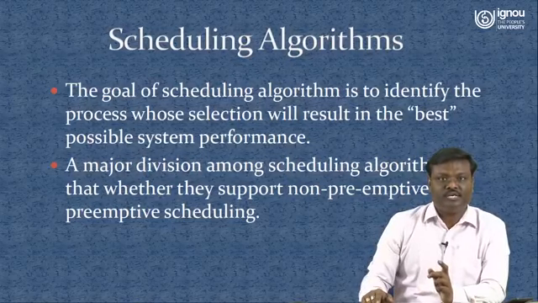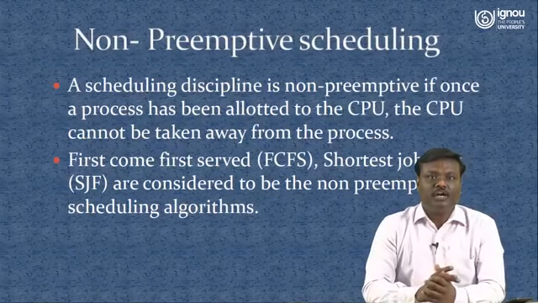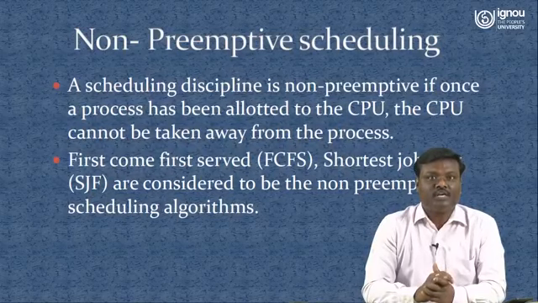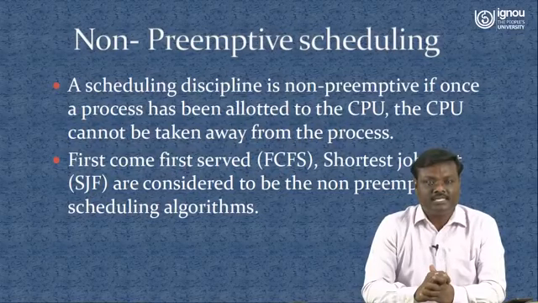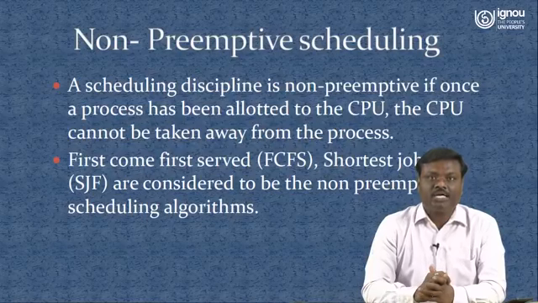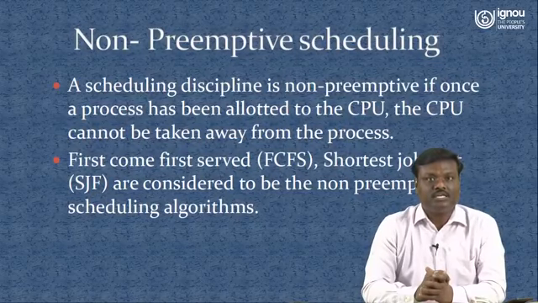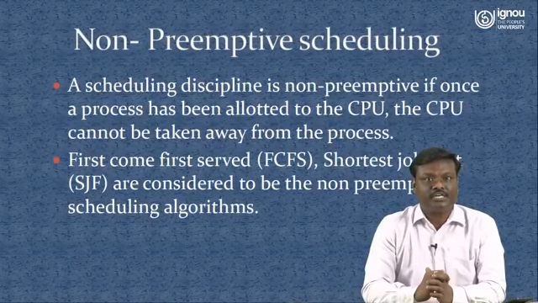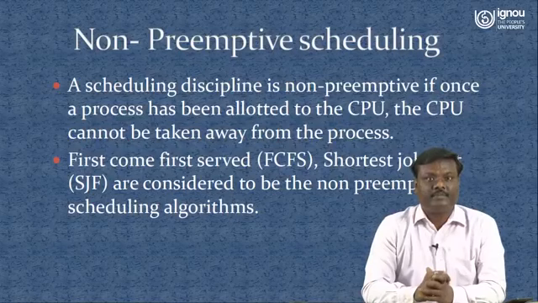In non-preemptive scheduling, once the CPU has been allocated to a process, it cannot be taken away from the process until there is an IO job to be handled, or a simple error routine, or an interrupt that has occurred during the execution. Apart from that, once the CPU is allotted, it won't be disrupted till the process completes.